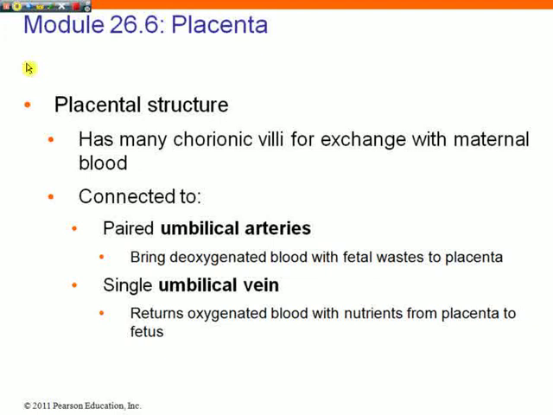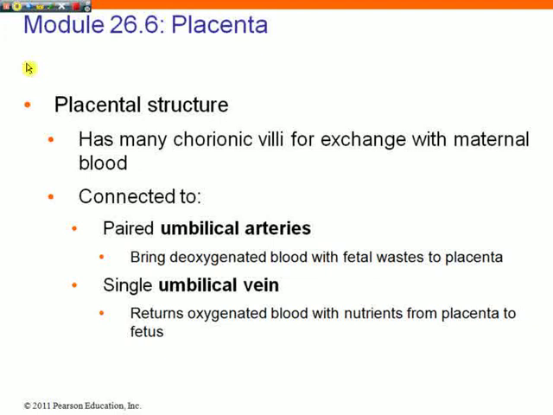The placenta, this is beginning on page 956, has what's called chorionic villi, and this is for exchange with maternal blood. The placenta is connected to two umbilical arteries which bring deoxygenated blood with fetal waste to the placenta. So these are umbilical arteries, so they're going from the baby to the mother, so they're carrying deoxygenated blood.